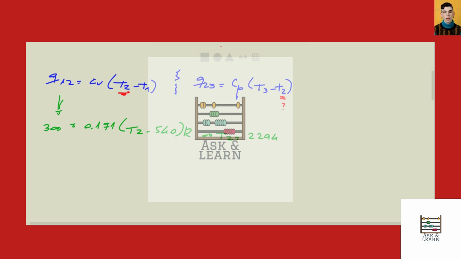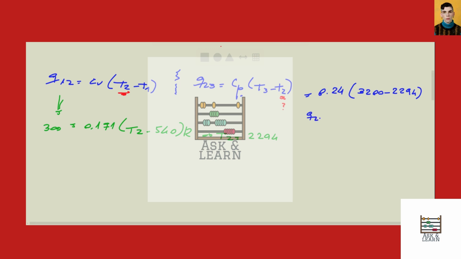Okay? Well, with this temperature, we can calculate the input heat in process 2-3. So this is just 0.24, the Cp, that multiplies 3200 minus 2294.